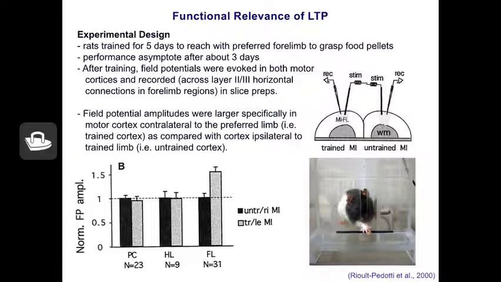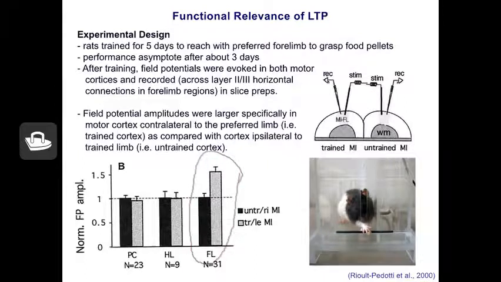Now next, they administered single pulses of depolarizing current through the stimulating electrodes. Now note that this is not tetanic stimulation, just single test pulses. And they recorded the field potential response of the motor cortex through the associated recording electrode. They found that the field potential response for stimulation of the trained forelimb cortex was greater than the response for stimulation of the untrained cortex.